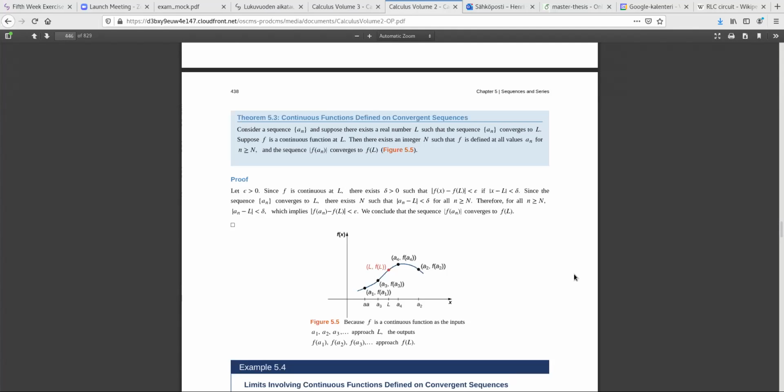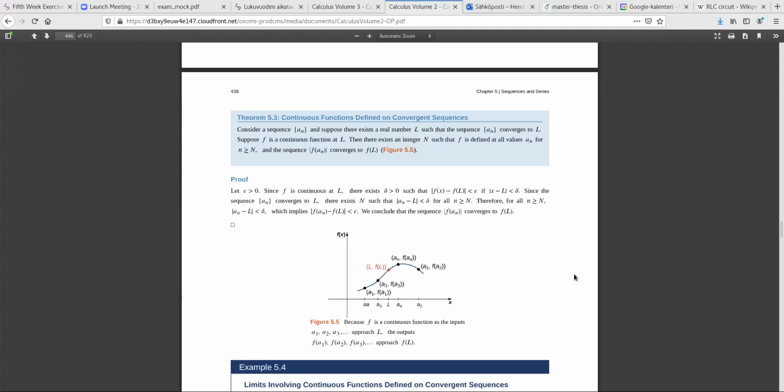And we could in fact say that if the sequence f(a_n) has a limit f(L), then f is continuous at L. It's if and only if.